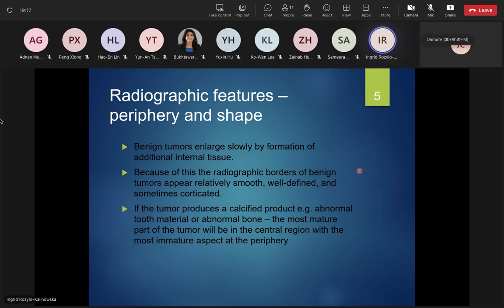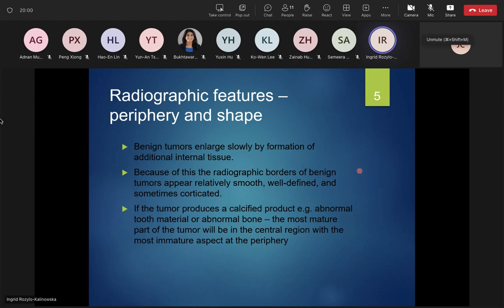Benign tumors usually enlarge slowly by formation of additional tissue, which gives the organism time to get used to the presence of such a tumor. So the borders of a benign tumor are well defined and relatively smooth, and sometimes they are corticated, meaning there is a cortical rim around the tumor, just like what I showed you last week regarding cysts.